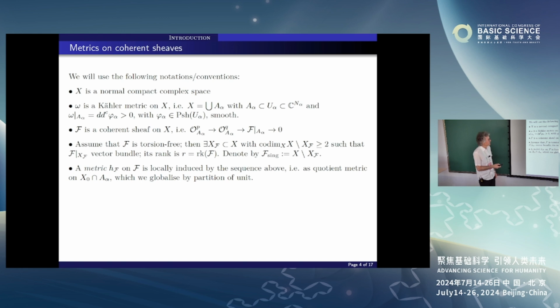And then we have the quotient metric induced on F. So this is of course only defined where it's possible, where it's a vector bundle, but still it's perfectly well defined at each point of this open subset. And then we globalize this by a partition of unity, okay?